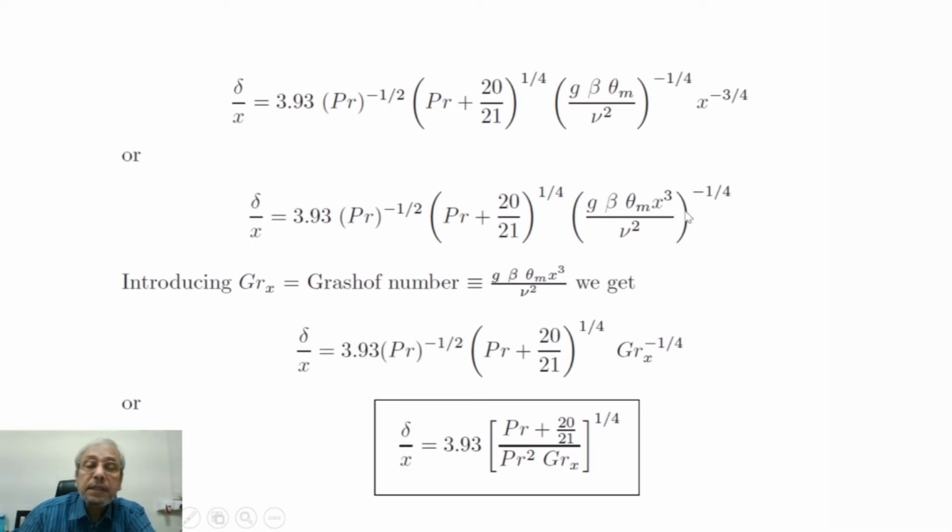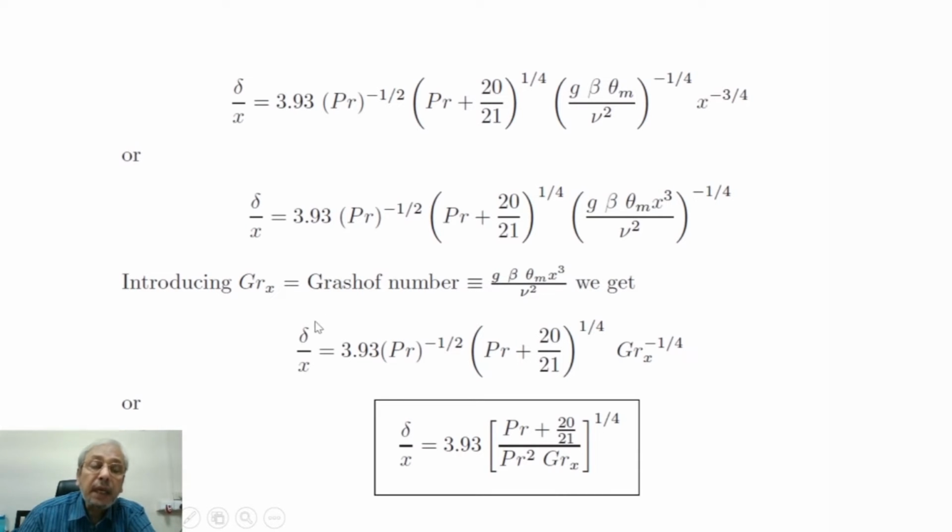Why do we do this? We get the Grashof number, and the Grashof number is given by g beta temperature difference theta m, length scale cube, here it is x cube, by nu square.